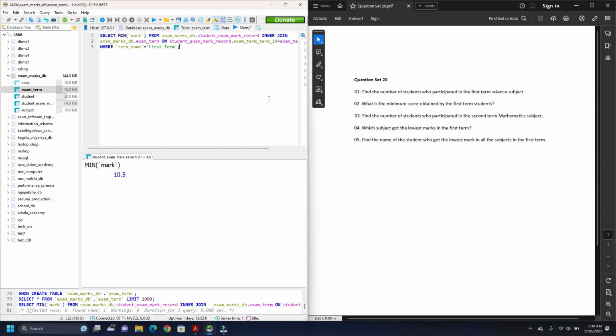And on to the third question. Find the number of students who participate in the second term mathematics subject. So it's the same exact query in the first question, and let's go ahead and write it. Starting with select, we have to find the number of students.